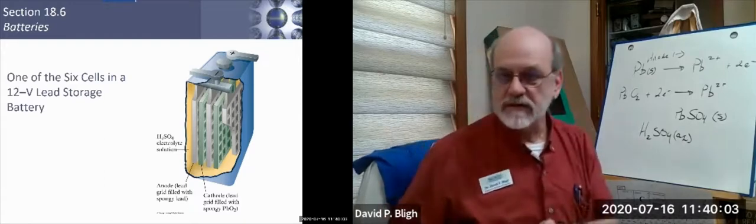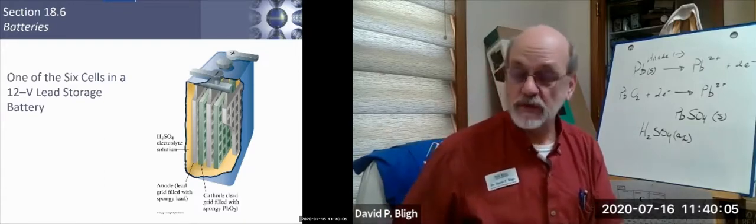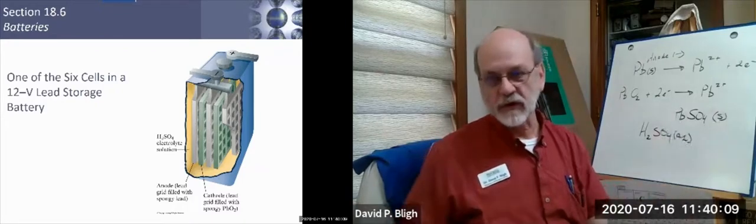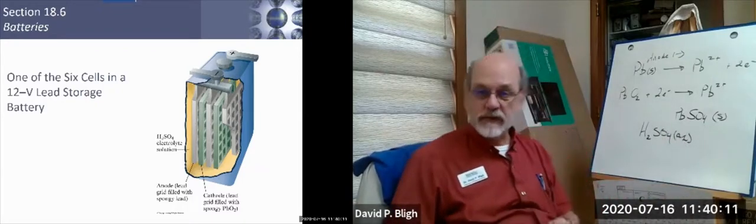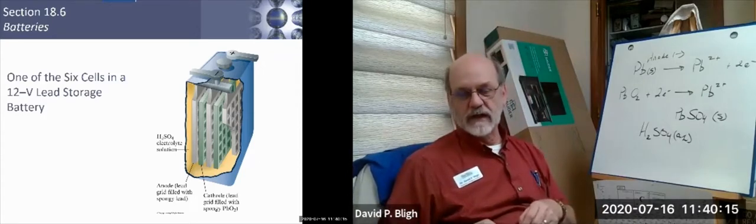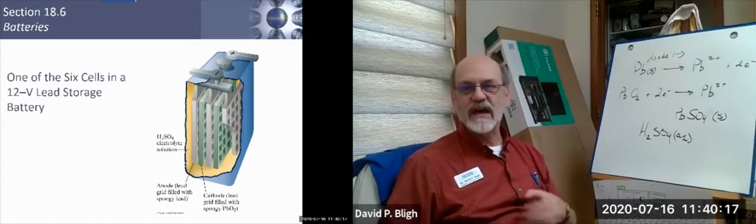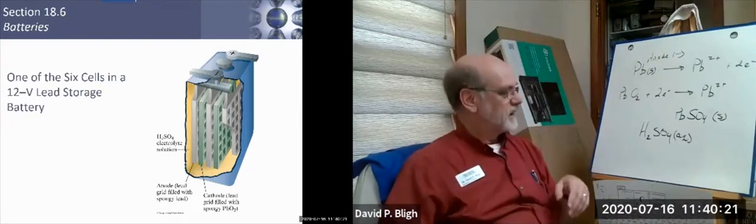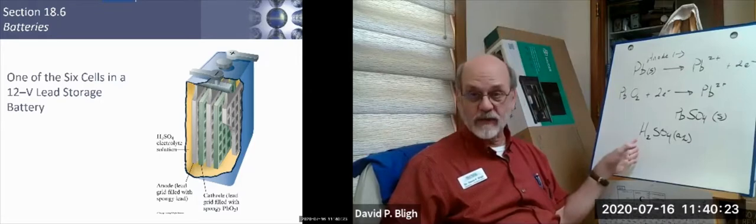What the technician would do at the service station, before everything was self-serve, the technician would come out, if you requested, and bring this device called a hydrometer. A hydrometer measures the density of a liquid, and it's calibrated specifically for your battery acid.